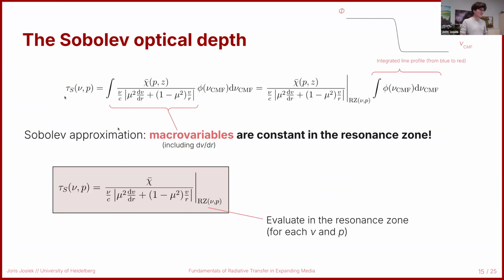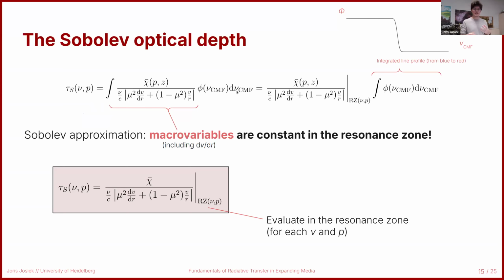So we can just look at this first part here. So the Sobolev optical depth. So again, the optical depth of this resonance zone is just the integral over this giant number here, and then the profile function of the co-moving frequency integrated over the co-moving frequency.